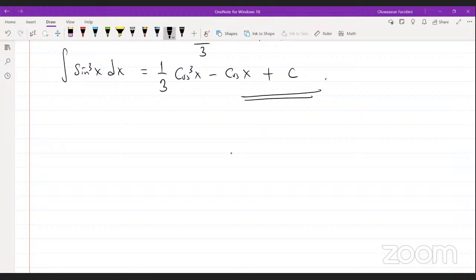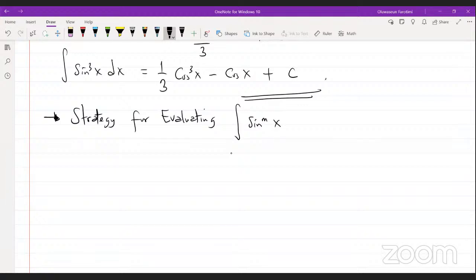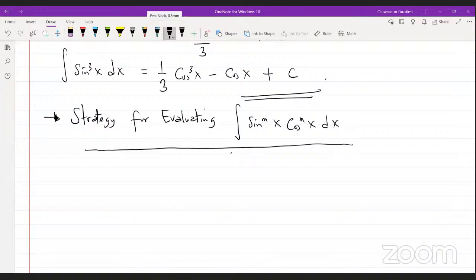When you have a mixture of sine and cosine, let me put that as a topic: strategy for evaluating integrals of this sort, sine to the m of x times cosine to the n of x dx. If I want to evaluate this sort of integral, what do I do? There are some basic steps or tricks you can apply.